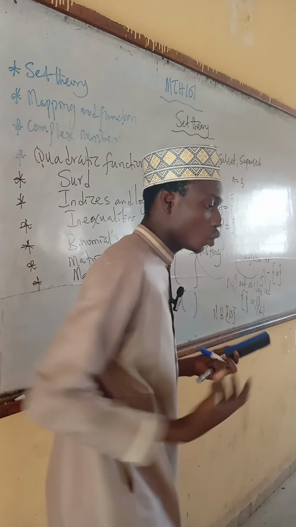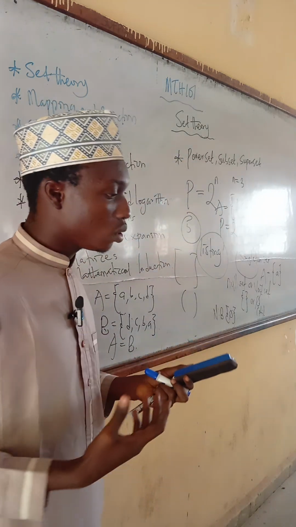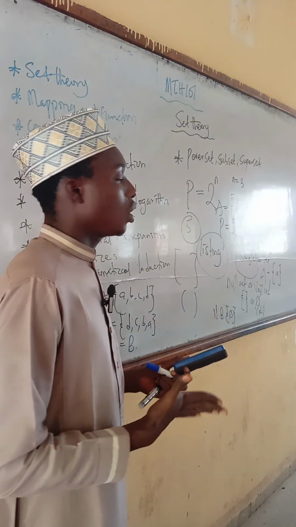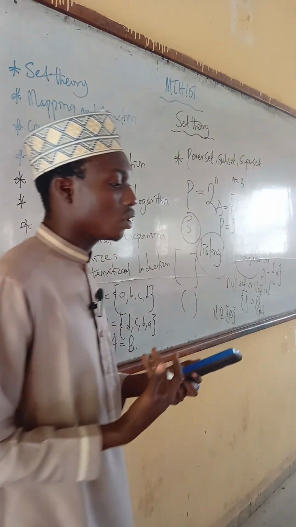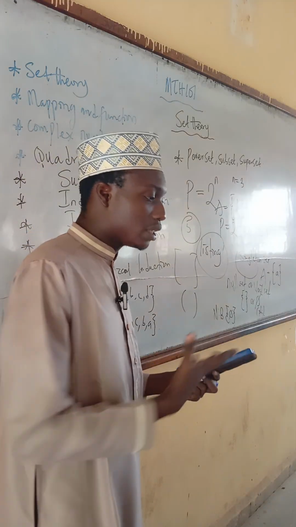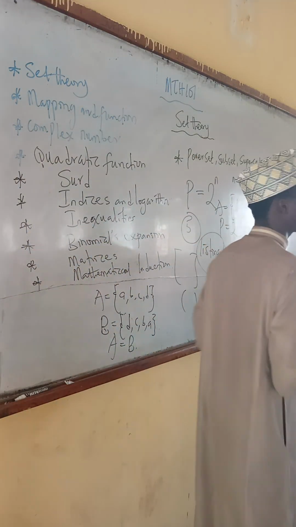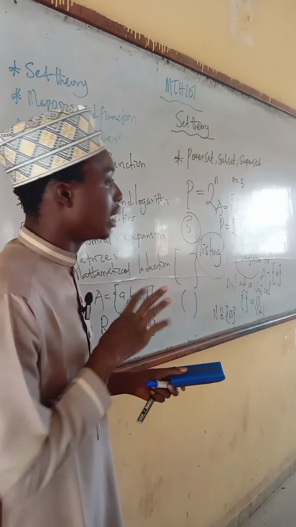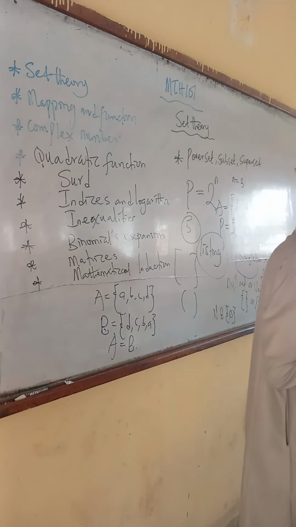Listing out the items or the derivatives of a particular set. Listing out the what? The items or derivatives of what? Particular set. Full stop.